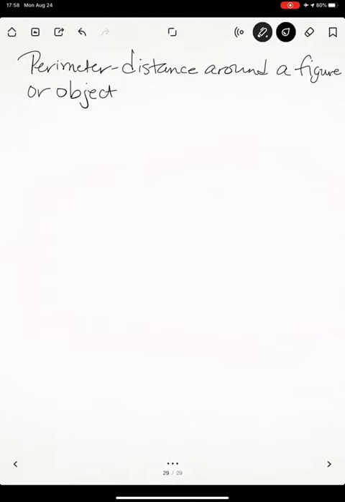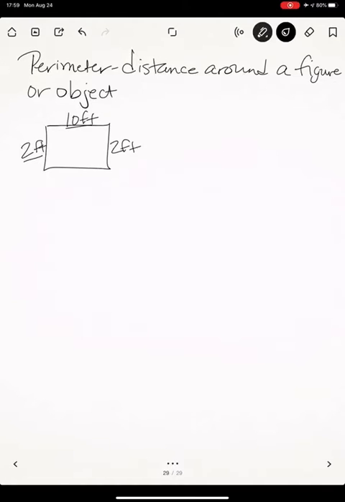For example, just as recall, if I draw this rectangle, and let's say on this side it's 2 feet, and on this side it's 10 feet, you know that because this is a rectangle, opposite sides are congruent. So if this side is 2 feet, this side must also be 2 feet.